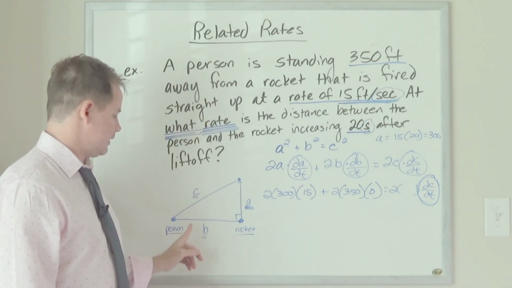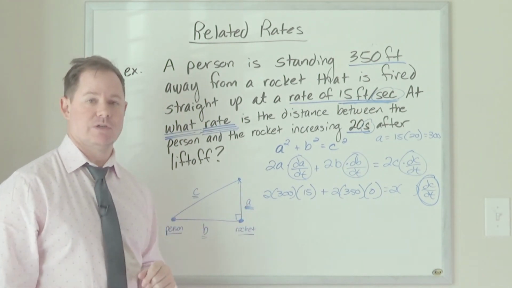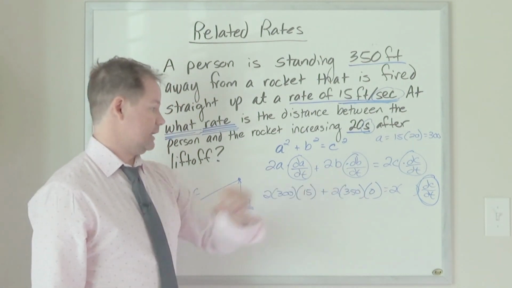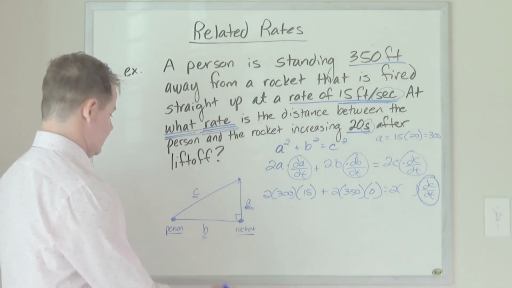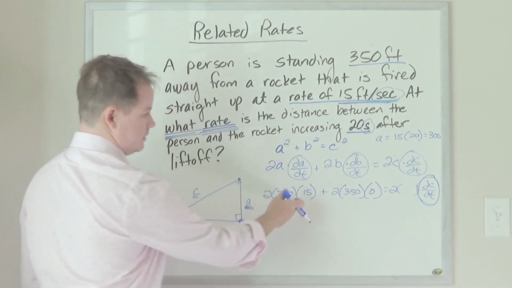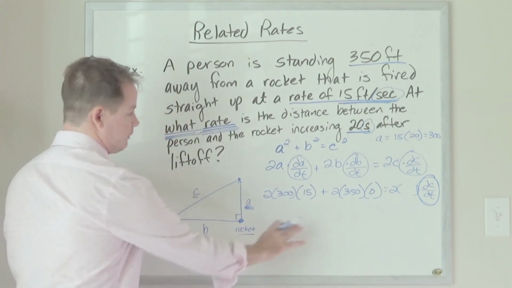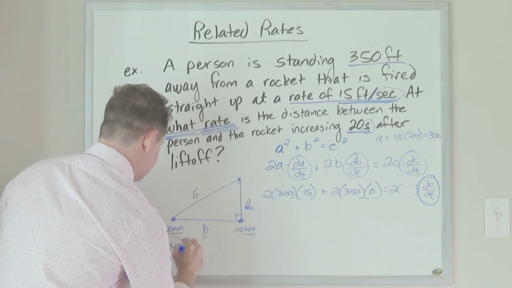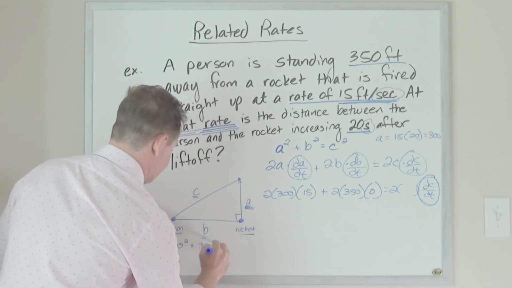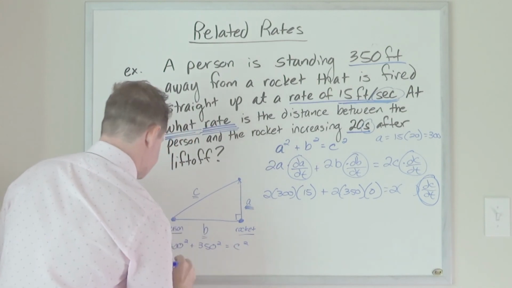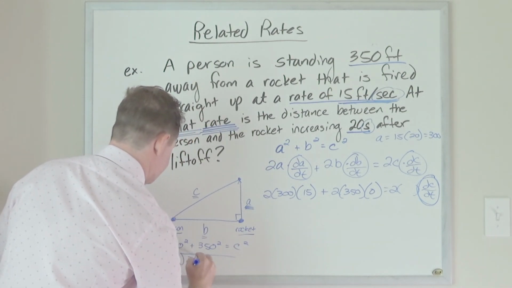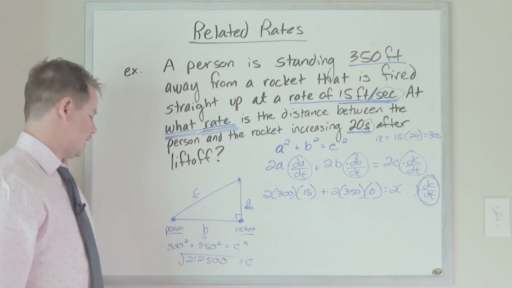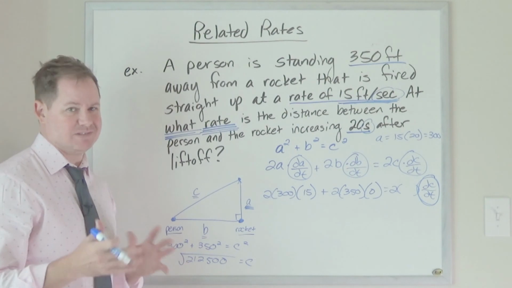For any triangle, if I know one side is 350 and one side is 300, can I solve for my missing side? I can, and this is just a little bit of Pythagorean theorem here. I'm going to sneak the calculation in down here so that we can finish this out with enough room over there. Simple Pythagorean theorem: a squared plus b squared equals c squared. c is going to end up equaling the square root of 212,500, which is about 460-ish, 461.